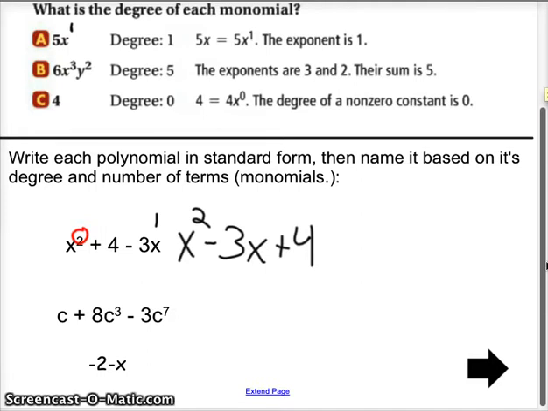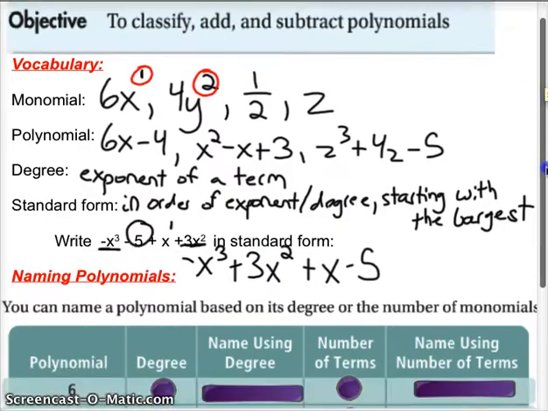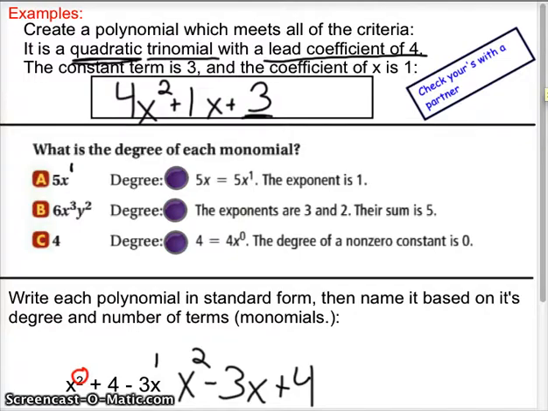Now, if we're going to name this, naming it based on the degree, naming it based on the fact that it has an exponent of 2, you can come back, I apologize, you can come back and look at this chart to help you. So degree 2 was right here. What did we name it? We called it a quadratic. So you can come back and use this table to help you when naming these things.